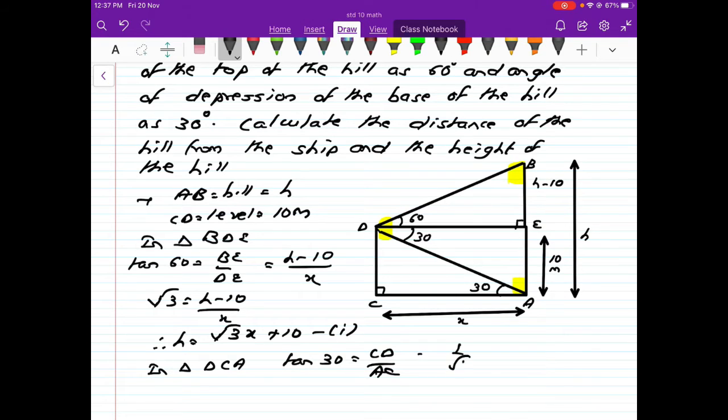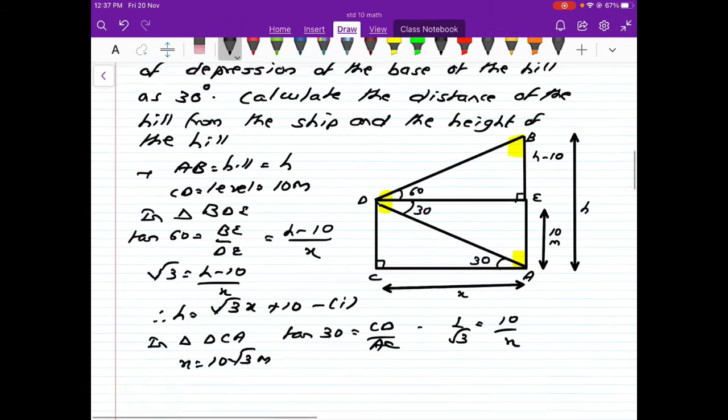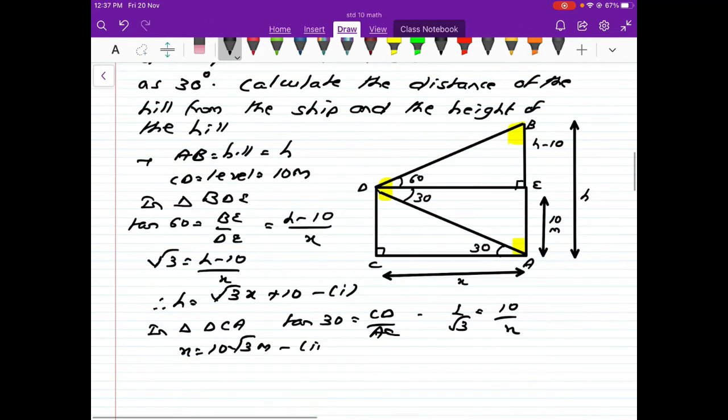Tan 30 is 1 upon root 3, which is equal to CD, and CD is given to us as 10 meters, upon X. So the value of X we are getting as 10 root 3 meters. This we can take as statement number 2.